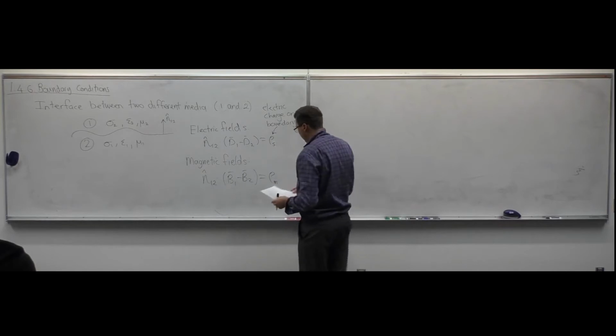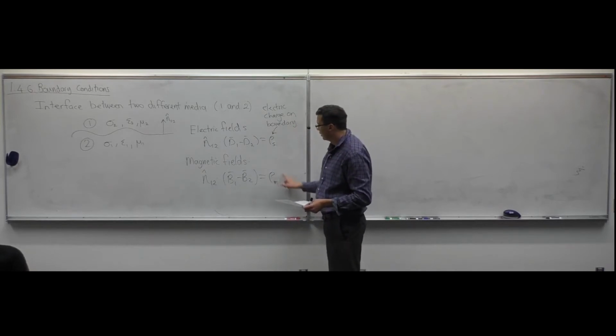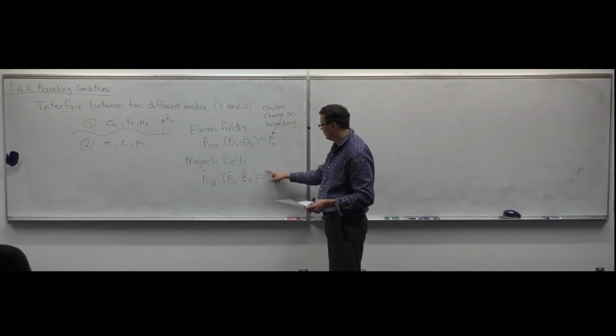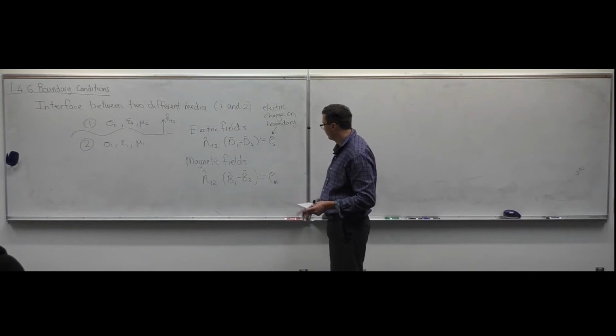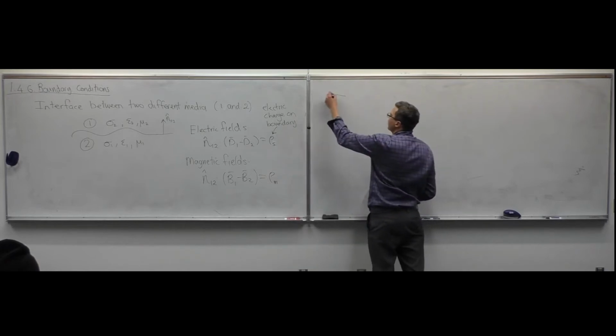This should be 0 here on the right, because there is no magnetic charge, but you can mathematically put magnetic charge in. For example, you might actually want to do that.